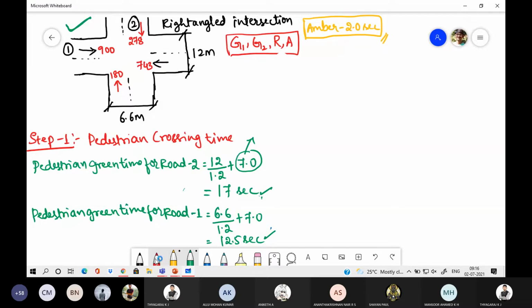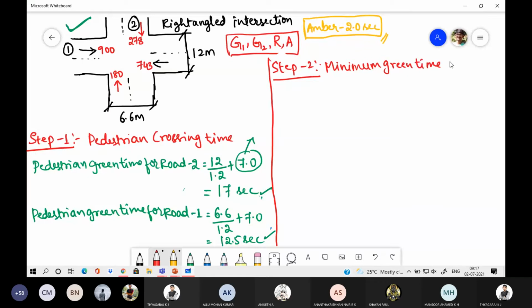Next is step 2. Minimum green time for traffic.